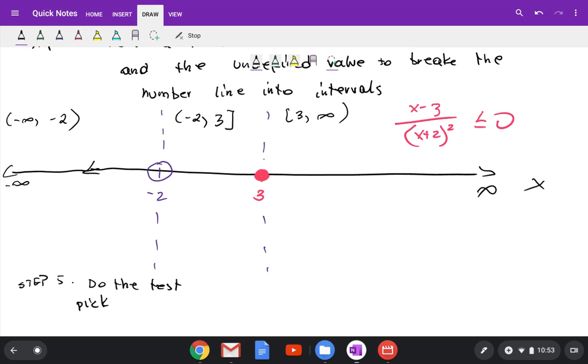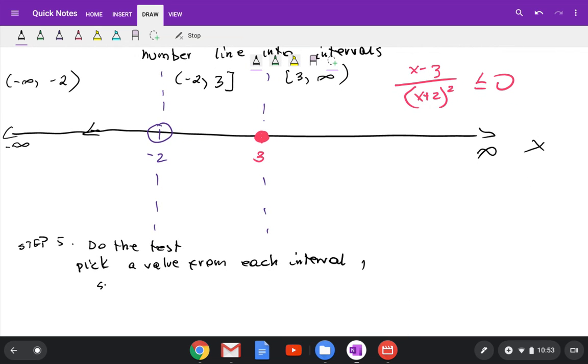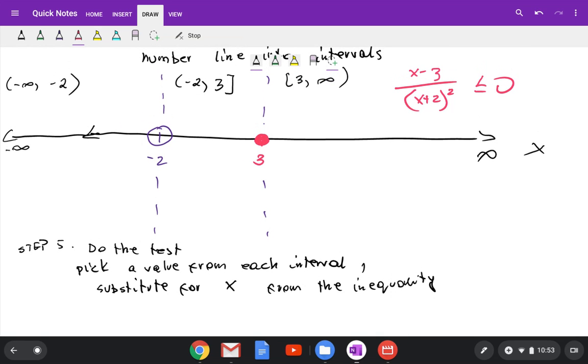Pick a value from each interval. Substitute for x from the inequality, and don't go back to the original inequality, just work with the one which we simplified, which is x minus 3 over (x plus 2) to a second power less than or equal 0.